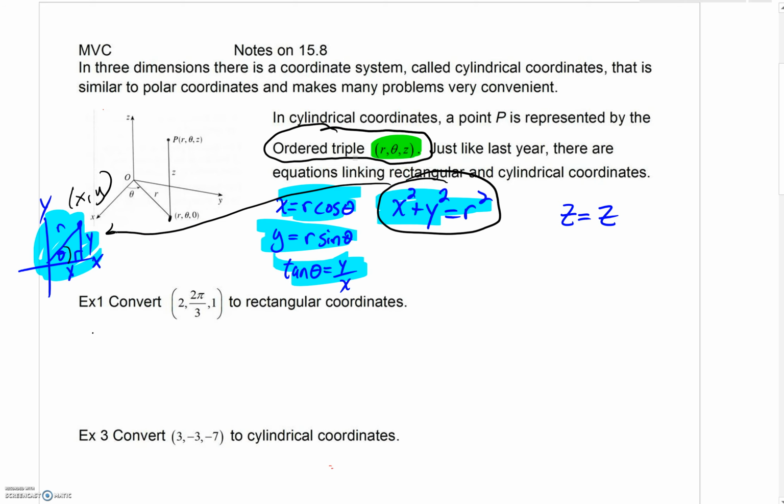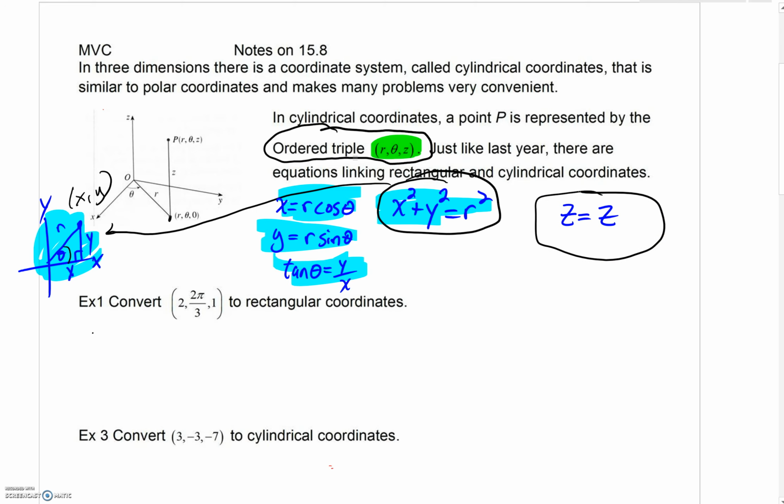From right triangle trig, SOHCAHTOA, we easily could solve that x is equal to r cosine theta, y is equal to r sine theta, and likewise tangent, which is opposite over adjacent, tangent of theta is equal to y over x. The z, which you can consider your height, is going to be the same thing.